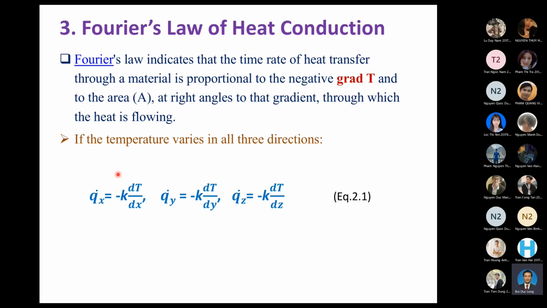So this is the equation. If the temperature varies in all three directions, we have Qx equal to minus k dT/dx, a formula for the rate of heat transfer in the y direction, and one for the z direction.